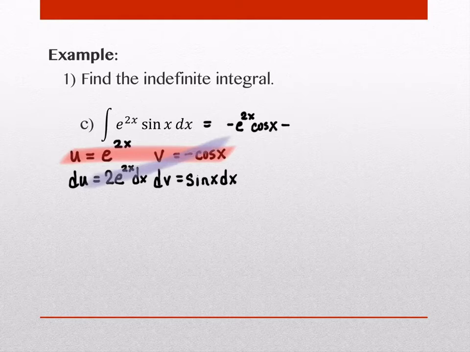This actually will have a negative in it because of the negative cosine. It's going to change this to a positive sign here. And then I have the integral of, and I've got the 2 in here as well. In fact, I'll move the 2 to the front. So we'll put the 2 in the front. And then I have e to the 2x cosine x dx.